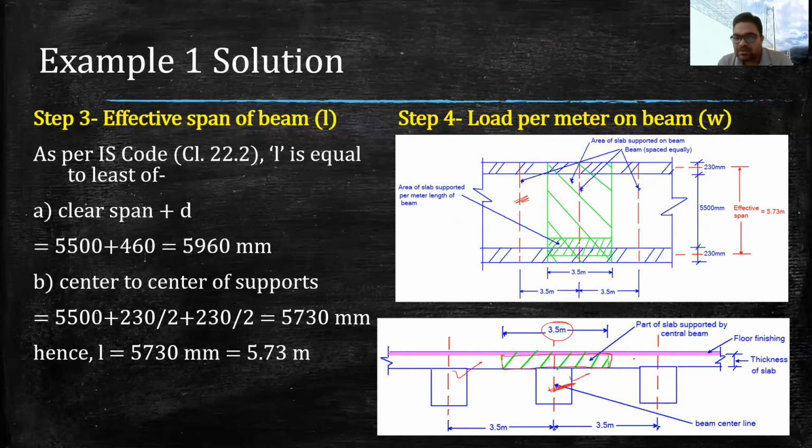And on the beam, the thick pink line is actually showing the roof or floor finishing. So this floor finishing will also have some weight on it. So basically, the load that we have to calculate on the beam will be in the form of dead load and in the form of live load. In the dead load, what are the loads that we have to consider, we will see.